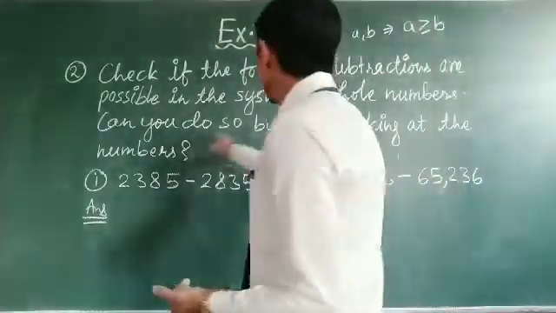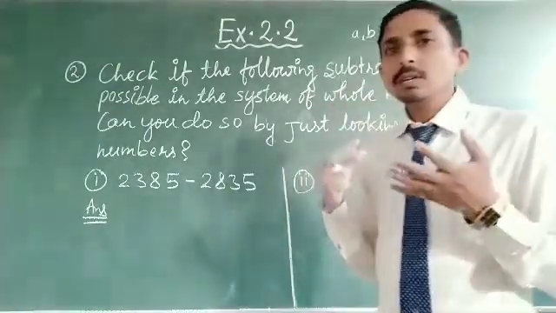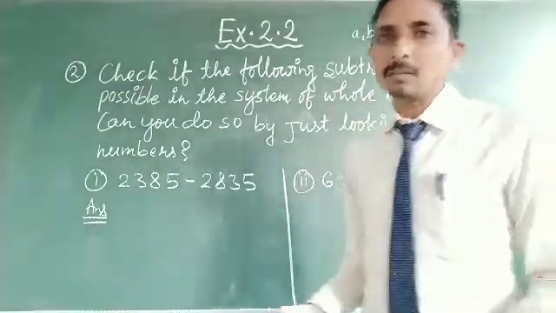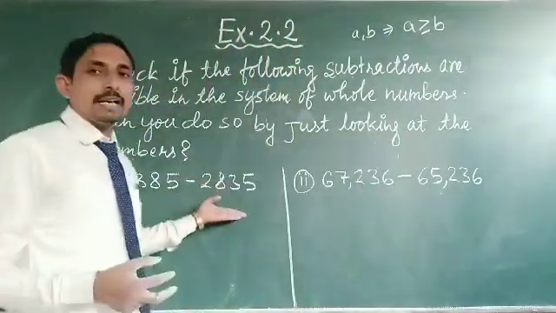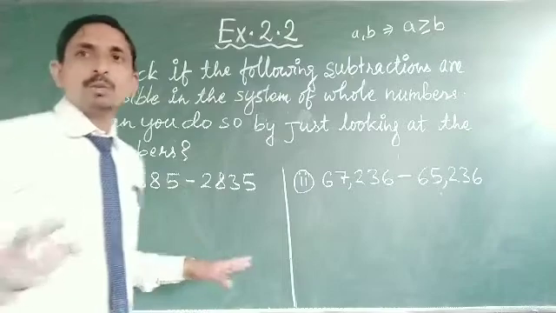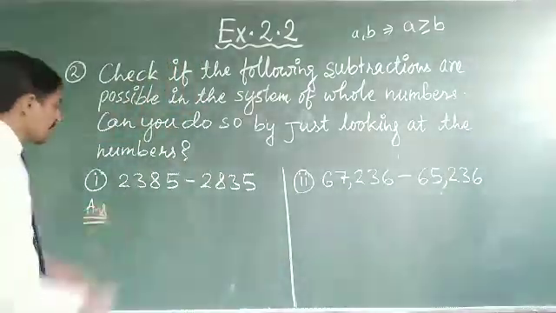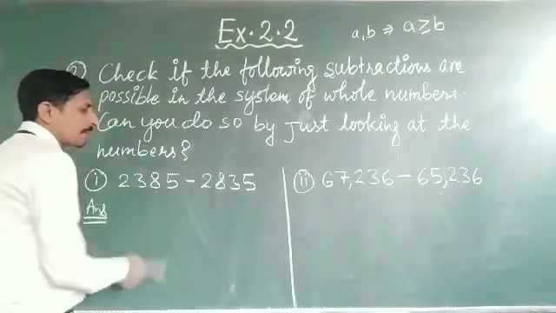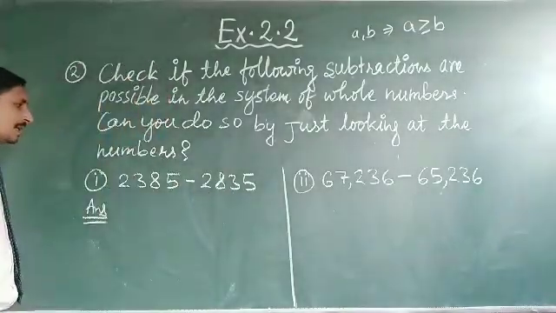Can you do this by just looking at the numbers? Yes, we can easily do it by just looking at the numbers, because if the first number is smaller than the second number, then no subtraction is possible in the system of whole numbers. You see in question number 1, 2385 and 2835.